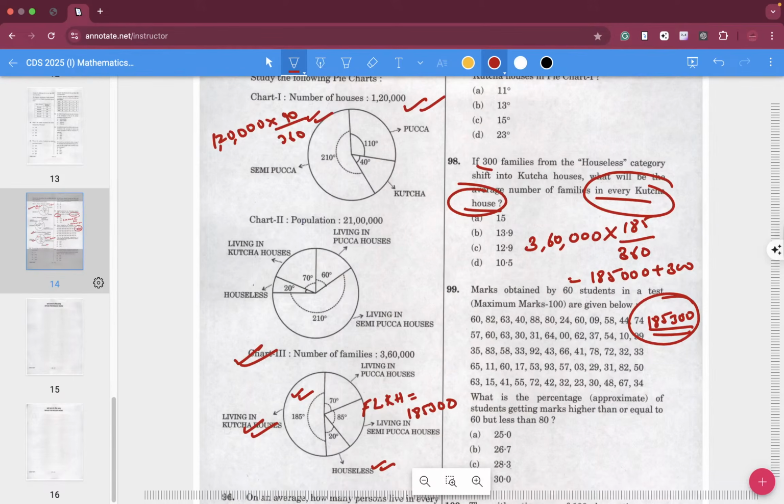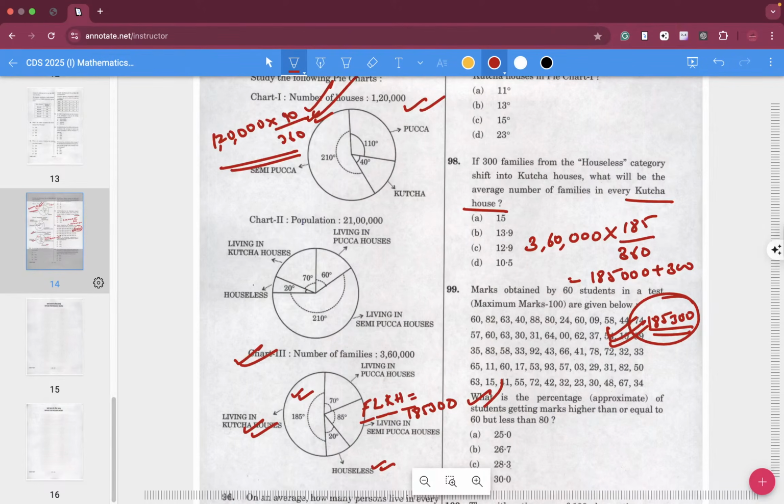Now what exactly are they asking over here? What will be the average number of families living in every kacha house? So what exactly does it mean? We have to do this particular value divided by this particular value, because this is the families living in kacha houses and this is the number of kacha houses.